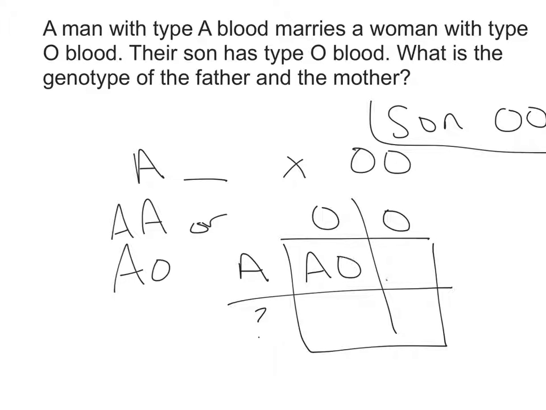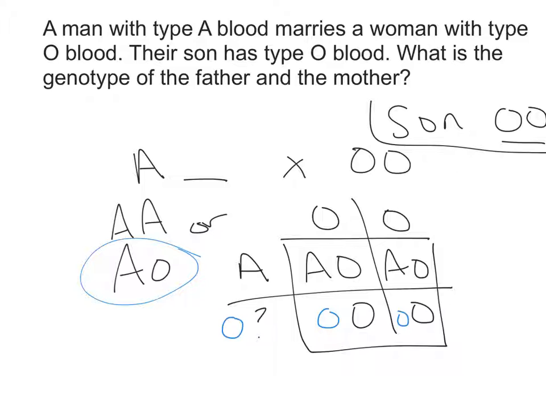So we can fill in the Punnett square with this information, and then look at what we know of the son's genotype. For us to be able to get a child with type O blood, the father has to have an O allele to give to his kids. This means that Dad has to have the genotype AO, so he is heterozygous for type A blood.